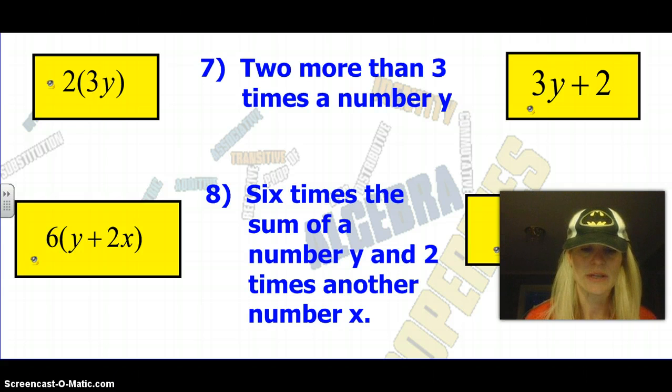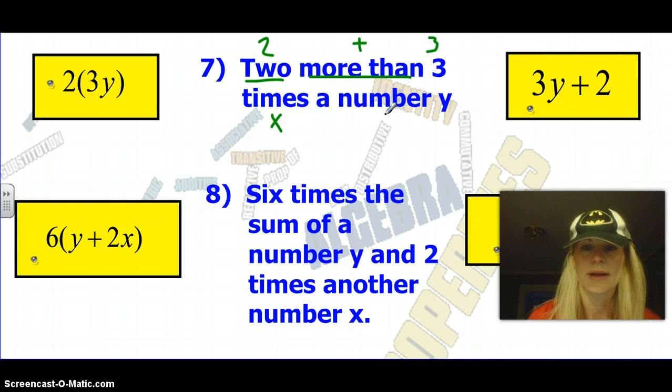If we look at number 7 here, it says 2, and so it's good to sort of write these as you go. And then we know more than means to add, so we'll do plus 3, and then we have times a number y.